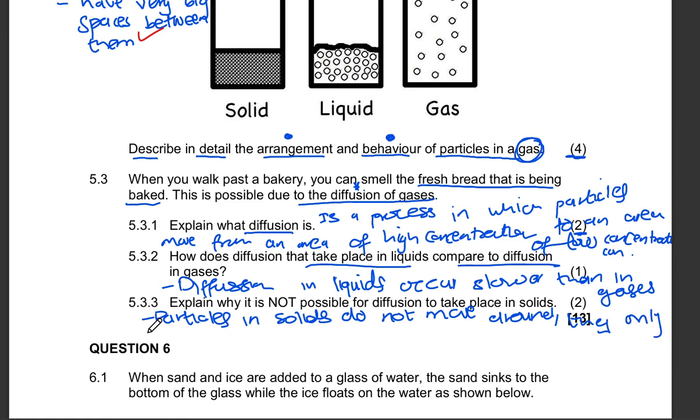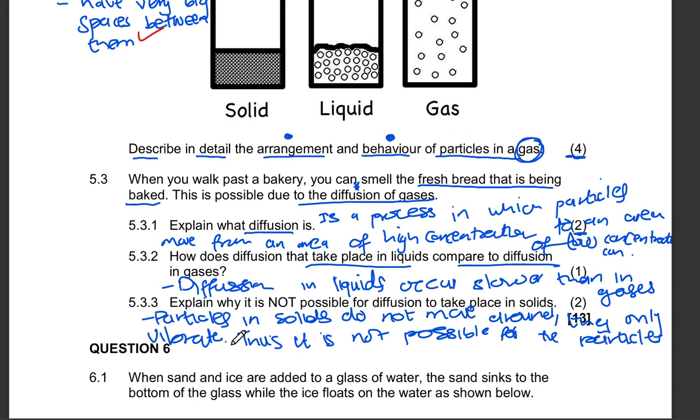Therefore, it is not possible for the particles to travel from an area of high concentration to an area of low concentration.